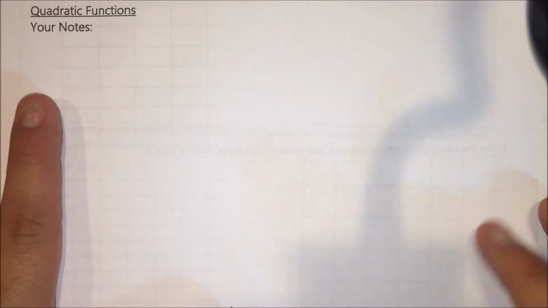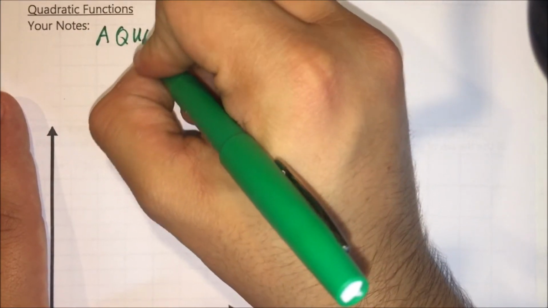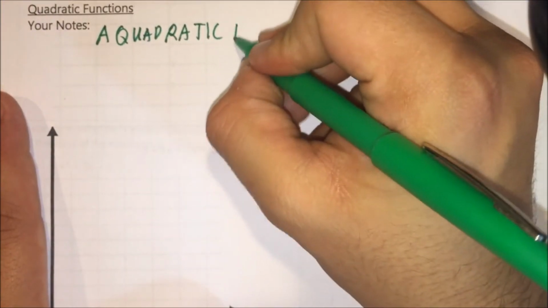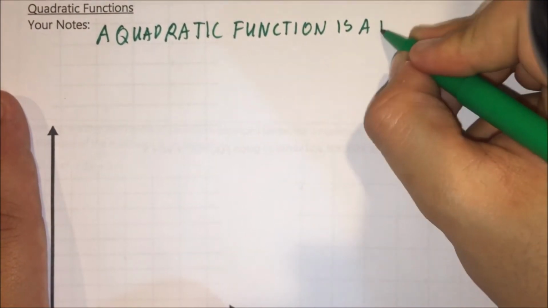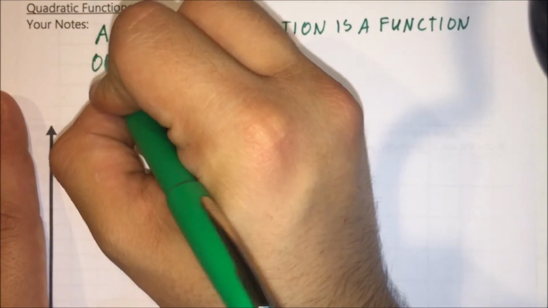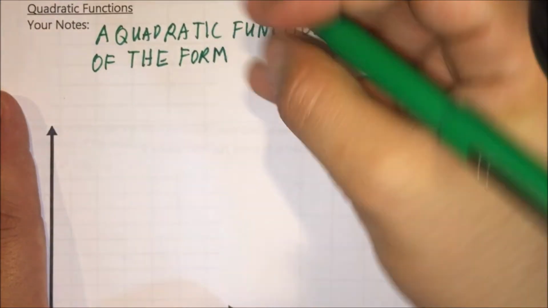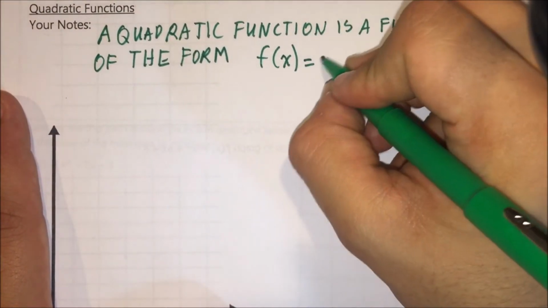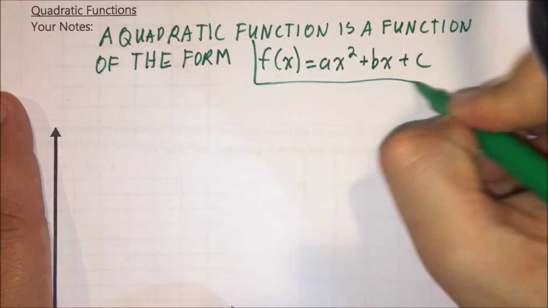So let's review them. Basically, a quadratic function is a function of the form f of x, remember f of x means this is a function, equals ax squared plus bx plus c, where a, b, and c are just numbers.